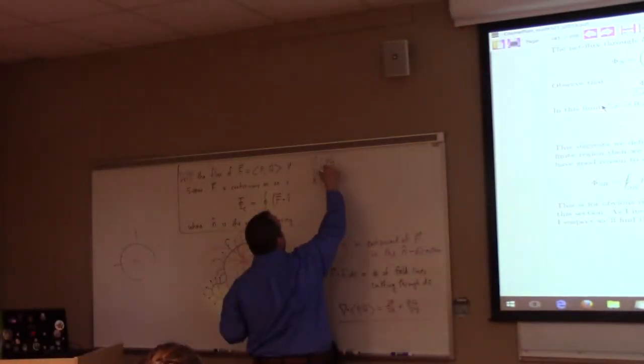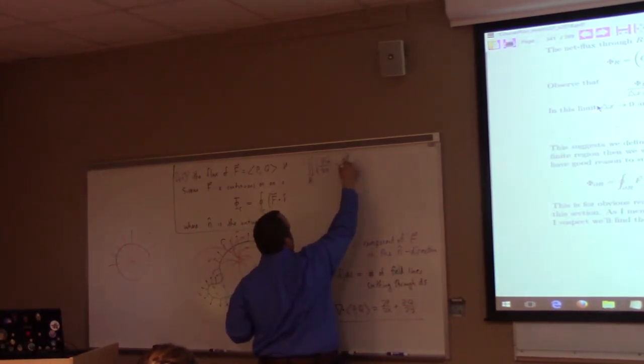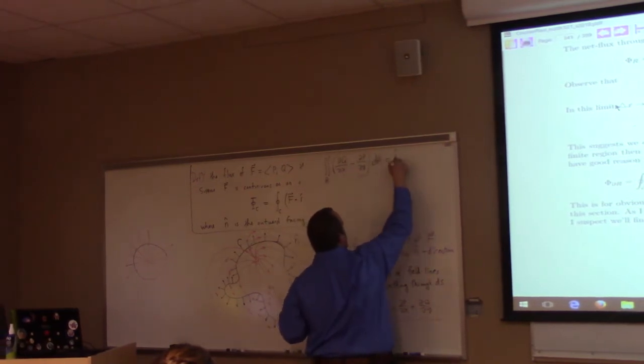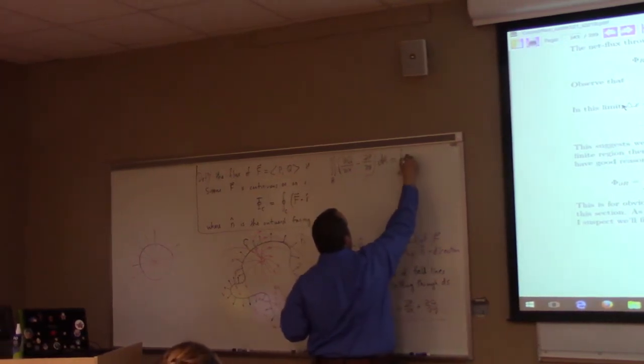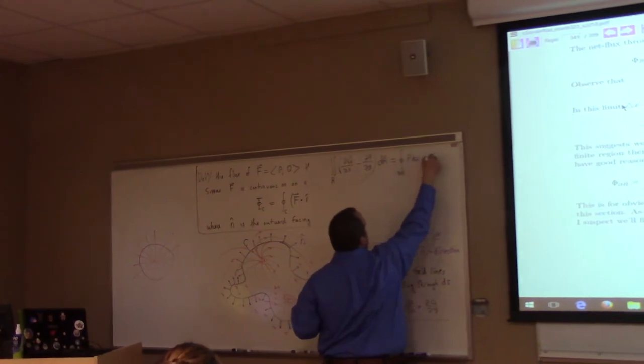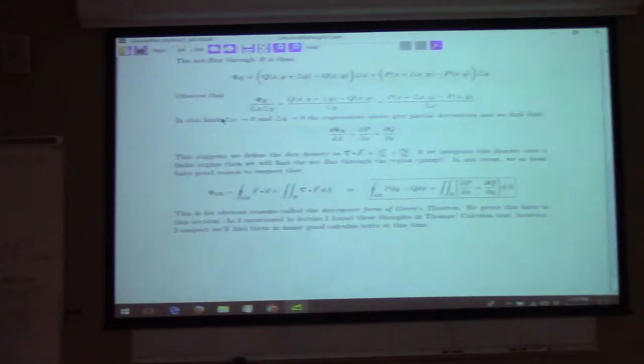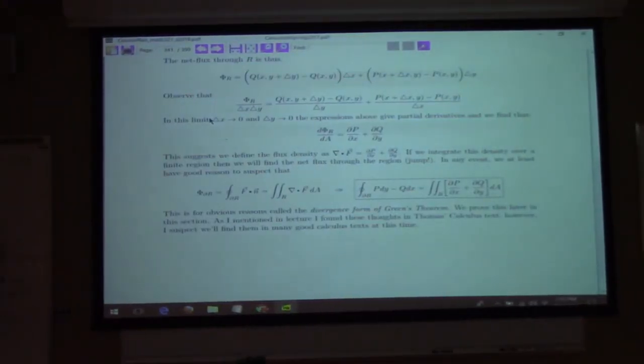So we have partial q partial x minus partial p partial y dA equal to the line integral over the boundary of p dx plus q dy, versus the integral over r of partial p partial x plus partial q partial y dA equal to the integral over the boundary of what?